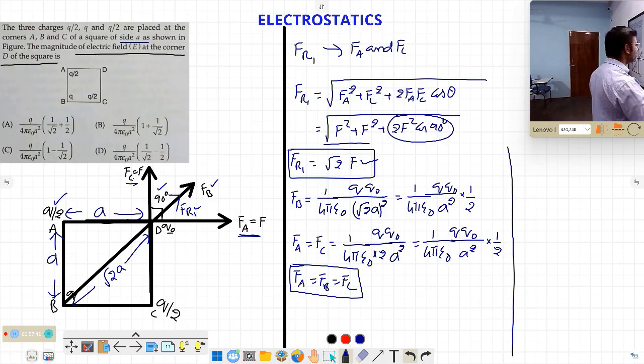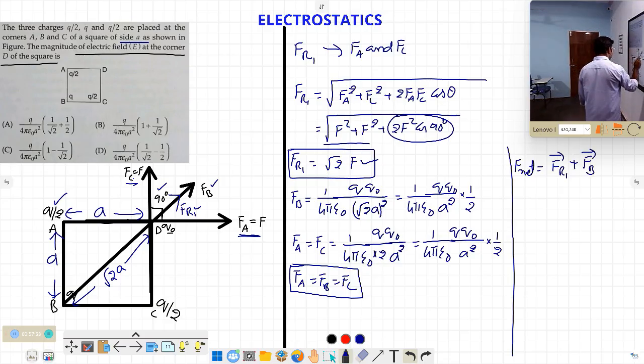So what is the net force now? The net force on the charge Q is F net, which is FR1 plus FB. Look at this: this is FR1 and this is FB. Both are acting in the same direction, so directly these two add to give the net force. What is FR1?